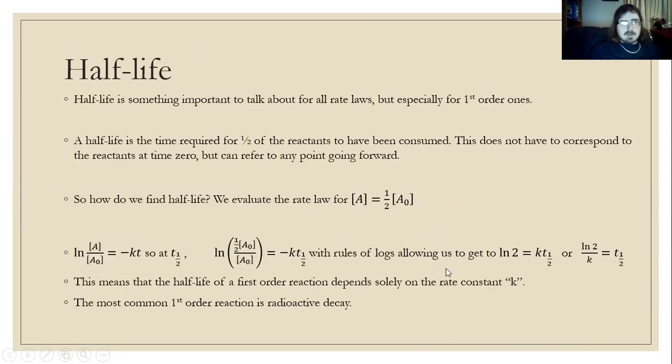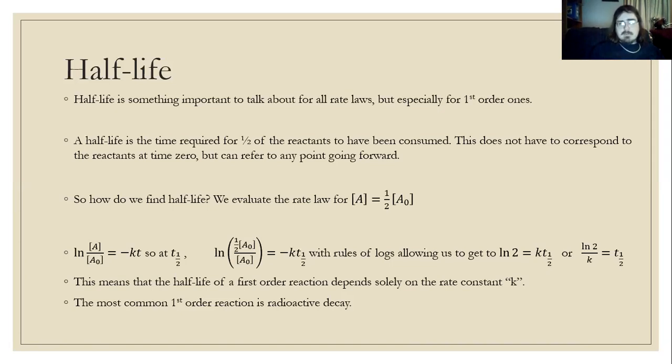Sometimes you may not always have time to do a full graph, which is where half-life comes along. Half-life is important to talk about in all rate laws, but especially for first-order ones. Half-life is the defined time for one half of the reactants to be consumed from a given point. At 100%, half-life is when 50% has been consumed.